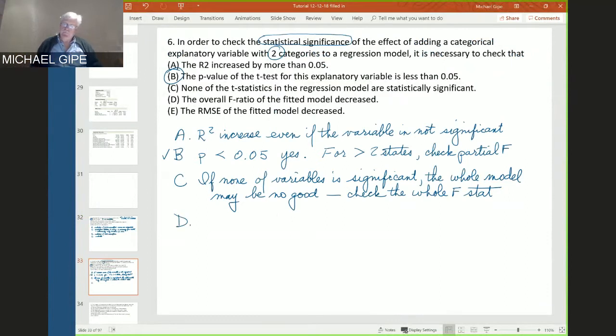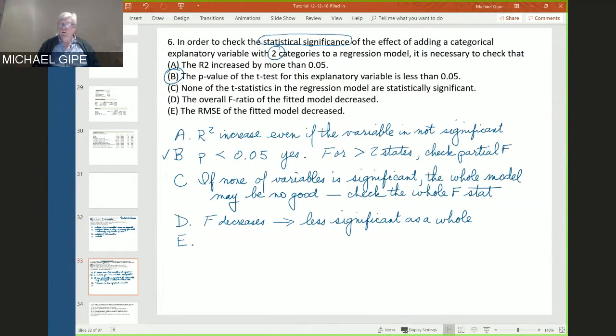How about D? The overall F ratio of the fitted model decreased. So if the F decreases, it means the model is less significant as a whole. It doesn't tell you about the significance of the one variable you've added or taken out.